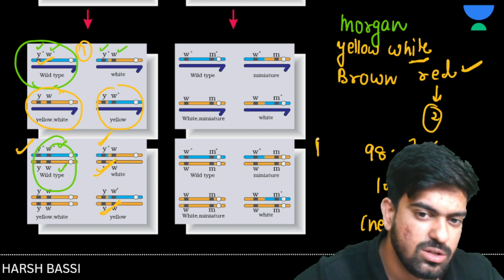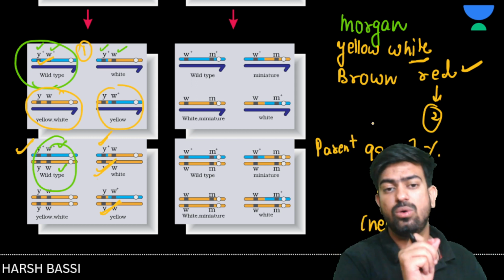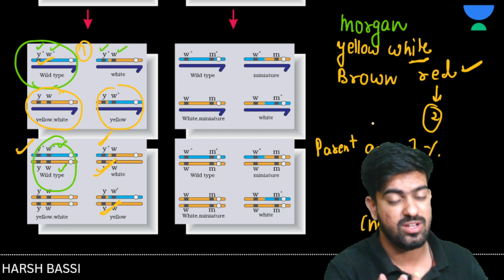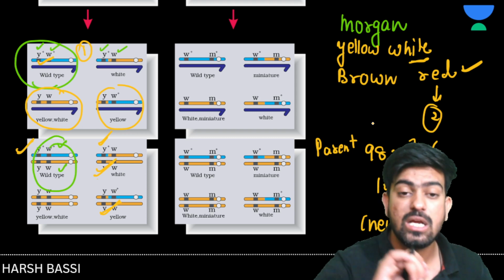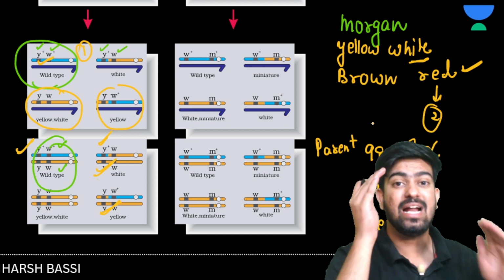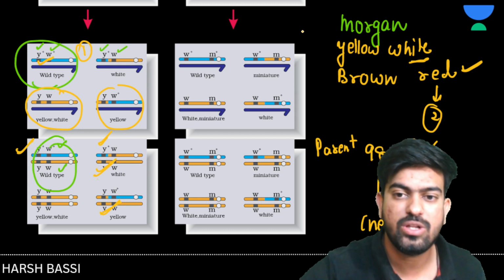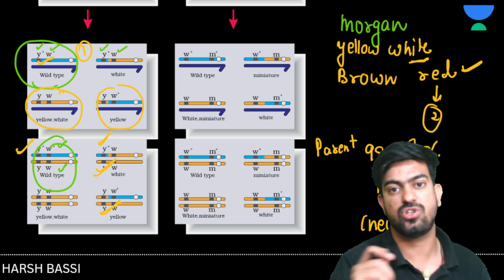So if I ask you this, you will be like, yes sir, the yellow wants to stay with white only and the brown wants to stay with the red only. And Morgan observed this, and Morgan said that this is just because the genes are very close to each other, so they want to be linked, they are cross linked with each other.